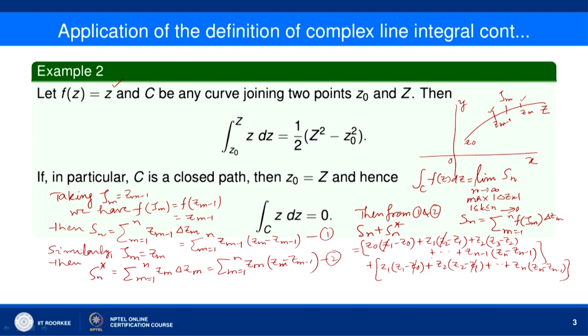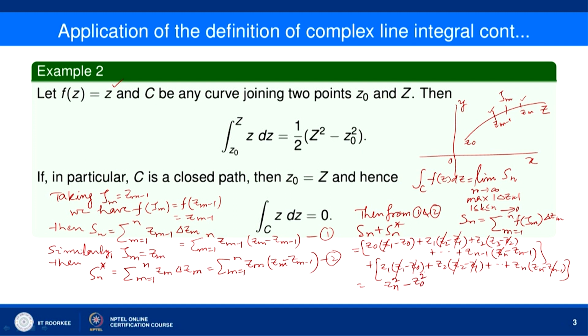Z1 Z2 Z3 will all cancel, Z n minus 1 Z n will cancel with the one here, and then what we will have is minus Z naught square, then minus Z1 square, but Z1 square will cancel with Z1 square here, Z2 square will cancel with Z2 square here and so on. So the terms which will be left are Z n square minus Z naught square.